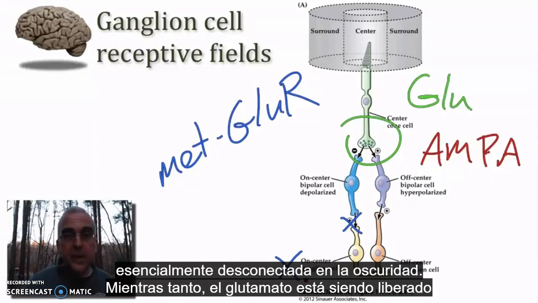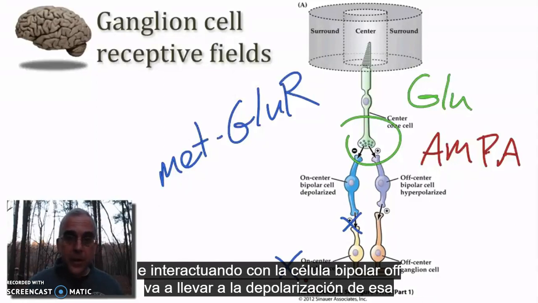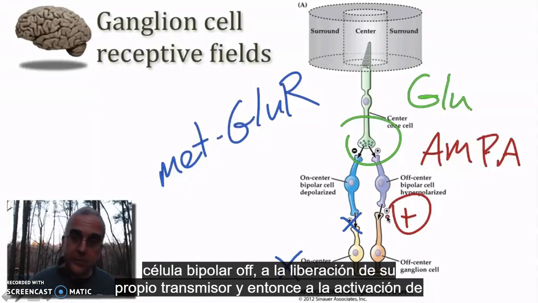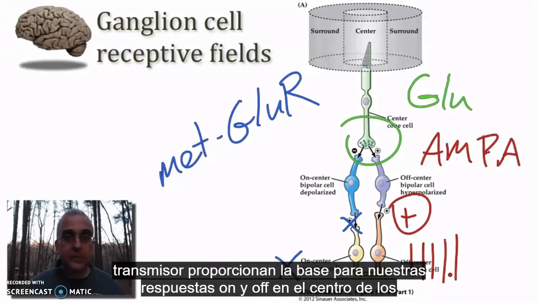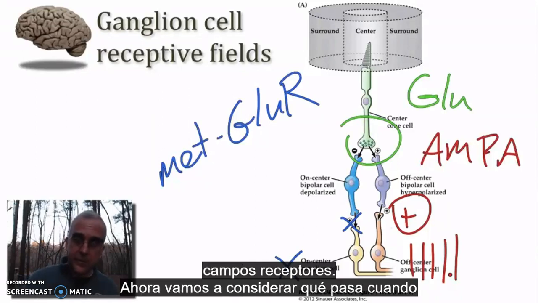Meanwhile, glutamate being released and interacting with the off-bipolar cell is going to lead to the depolarization of that off-bipolar cell, the release of its own transmitter, and the activation, then, of the off cell. So different receptors for the same transmitter provides the basis for our on and off responses in the center of the receptive fields.